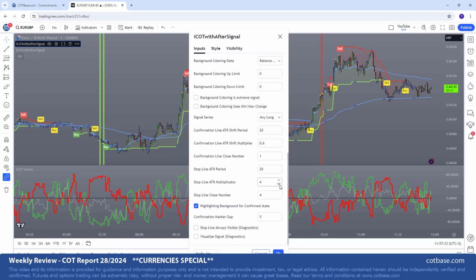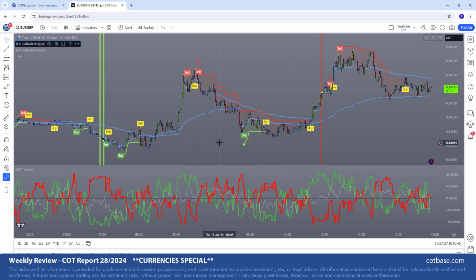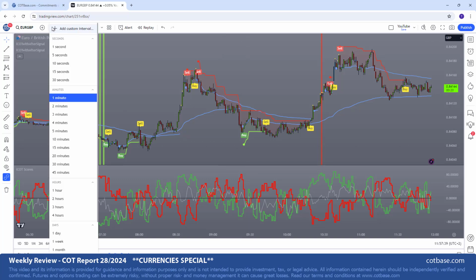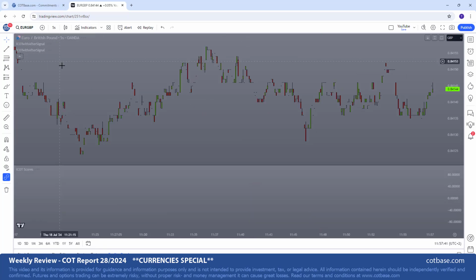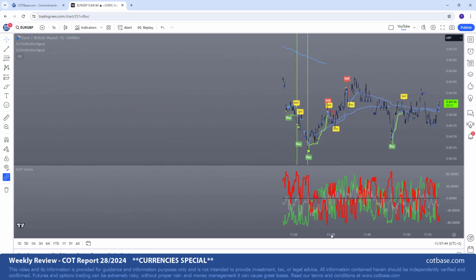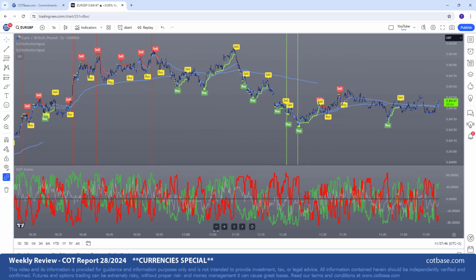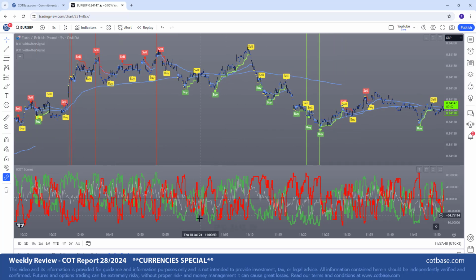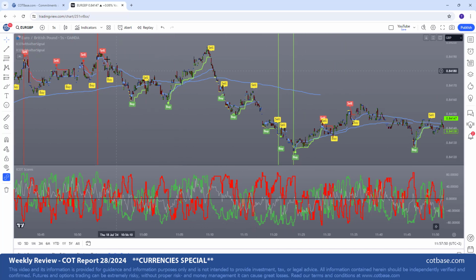I am going to move it back to where we started just so we can move on. So this was the 1 minute, and I'll show you something extreme. Not that I suggest anybody trading the 5 seconds, but hey, you know what? There may be some interesting signals on the 5-second chart as well.